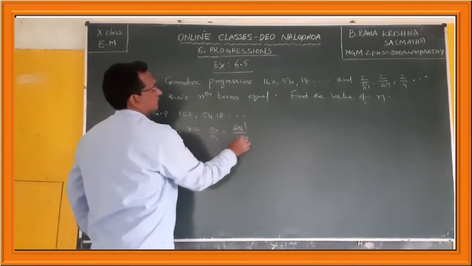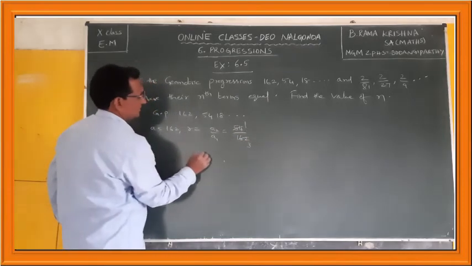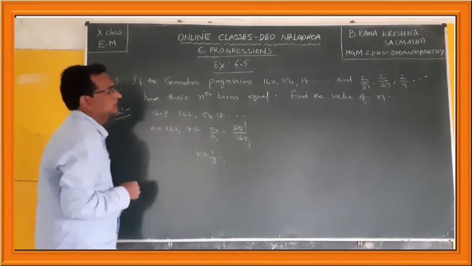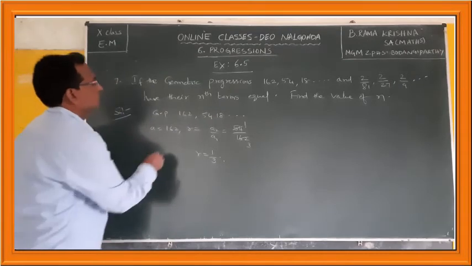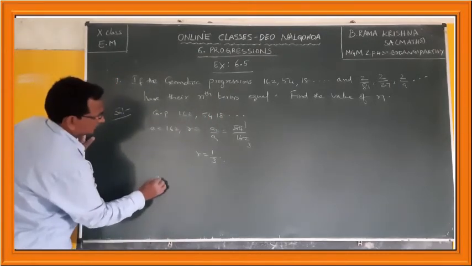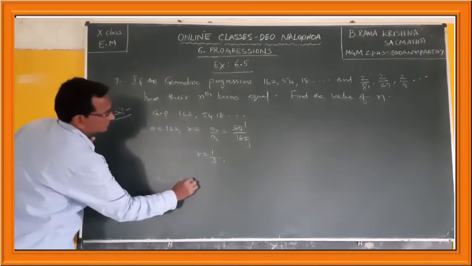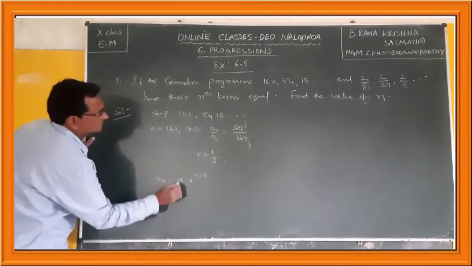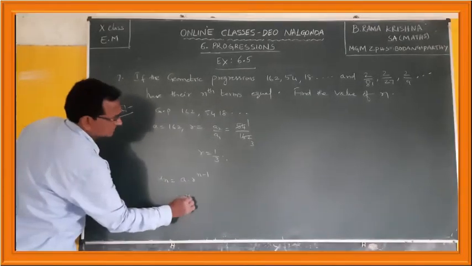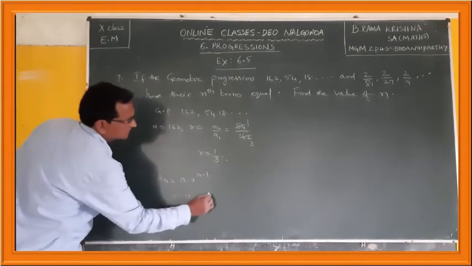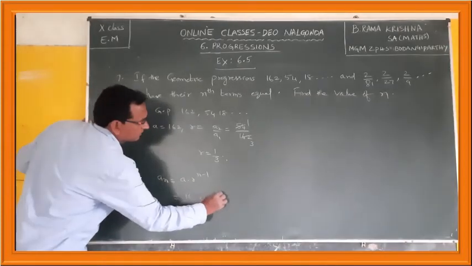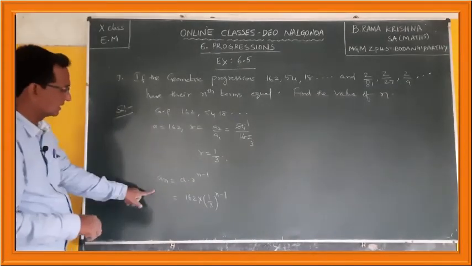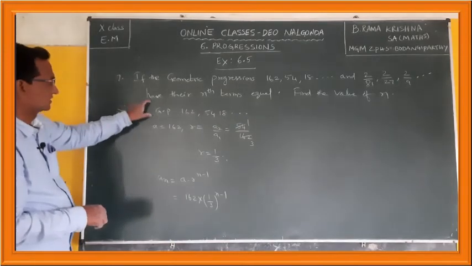If you calculate, what do you get? 1 by 3, therefore R is equal to 1 by 3. With this you can find AN, which is equal to A into R to the power of n minus 1, which is 162 into 1 by 3 whole to the power of n minus 1. This is the nth term of the first series.